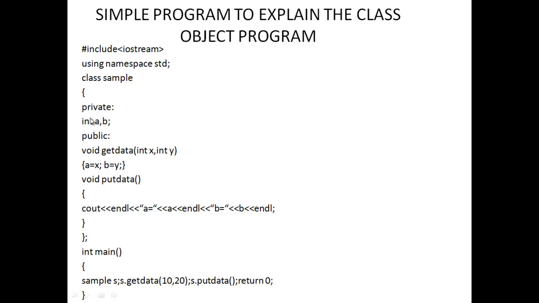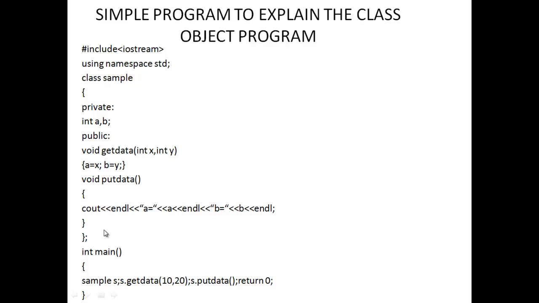Under the private access specifier, I am writing some data members a and b. Under the public access specifier, I have taken two functions, one for input values and one for output values. Here I am putting some values x and y, which are passed to a and b, and the put data function is used for display purposes.